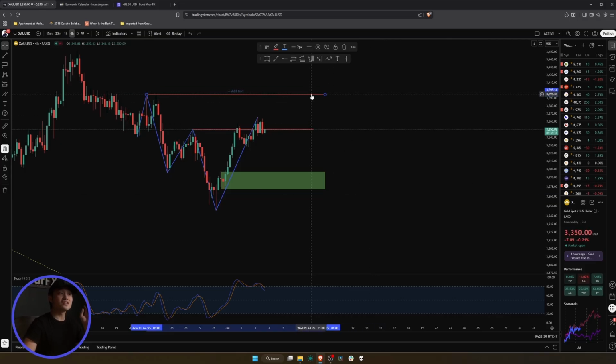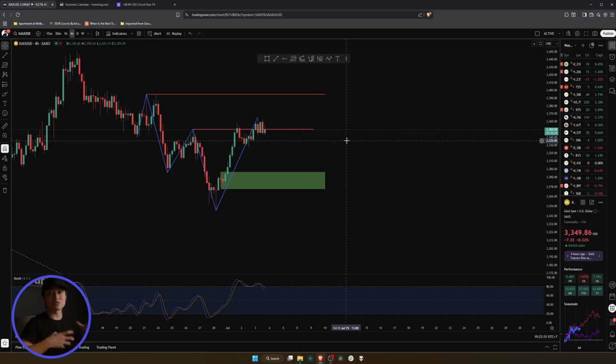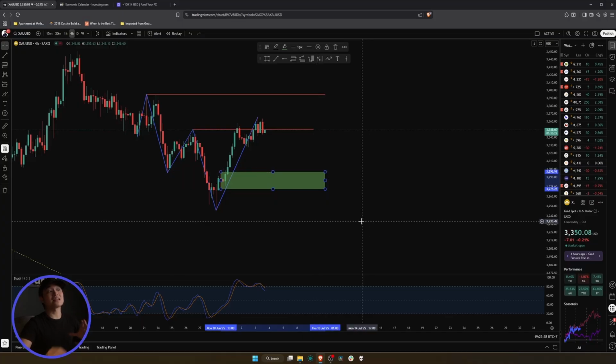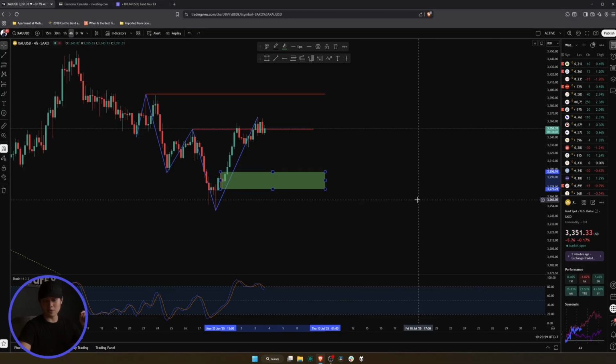But if the gold moves in the downside momentum, the key potential target, or the demand zone that the gold will likely visit or reject from, is around 3,296. So let's see. About 6 or 7 minutes until the data is released, so I will see you in a couple of minutes. 5 more minutes before the data is released.